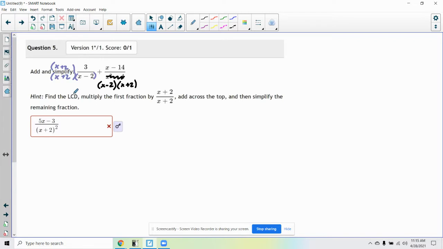If I distribute this 3, I get 3x plus 6 over, I can rewrite this as x squared minus 4. Actually, let's do this. X plus 2, x minus 2. Plus x minus 14 over the same thing.